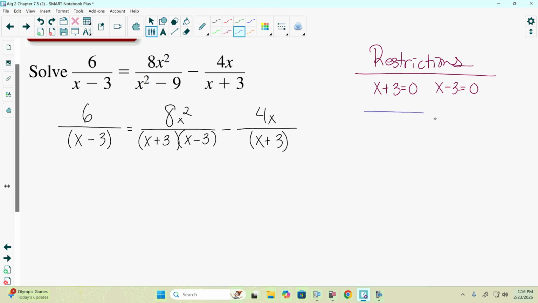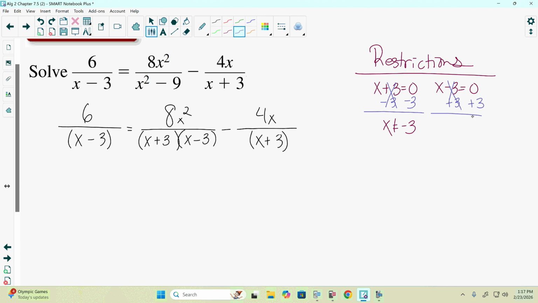Now to find our restriction, we set the expressions on the denominator equal to 0 to see what values of x will make them be 0. And for our x plus 3, it's going to be negative 3, because negative 3 plus 3 would be 0.